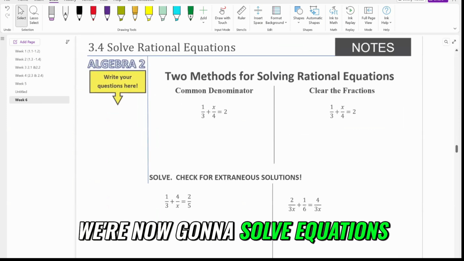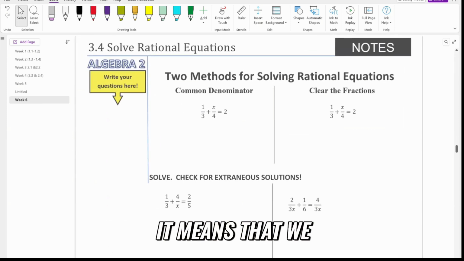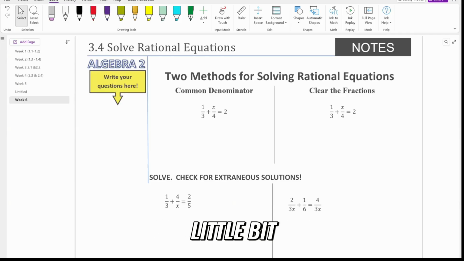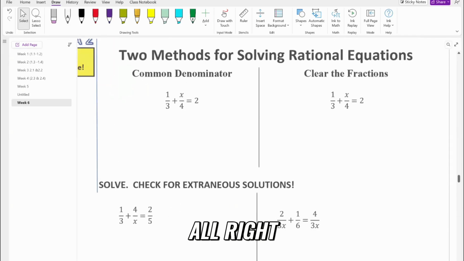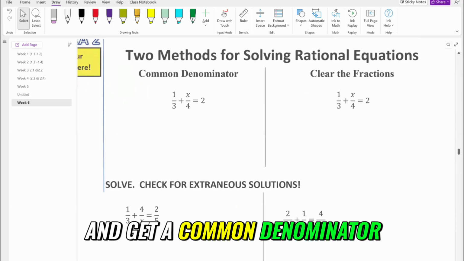Now we're going to solve equations. When there is an equal sign, it means that we can do things a little bit faster and easier, because we can do it the same way we've been doing it and get a common denominator.